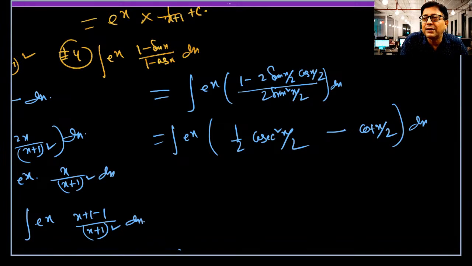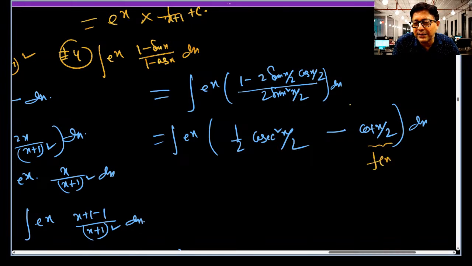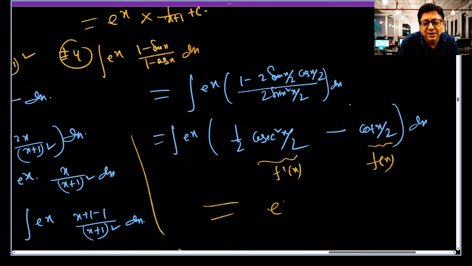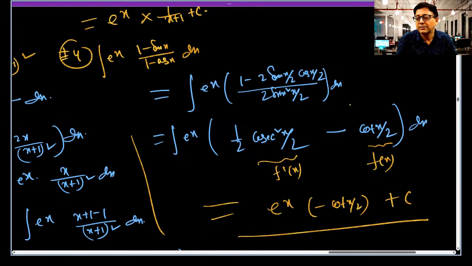It's quite obvious that if we have taken this one f(x), this part is f'(x). You agree or not? With minus cot x by 2, the derivative is half cosec square x by 2. So what will be the answer? So minus e to the power x cot x by 2 is the answer. Clear? Understood?